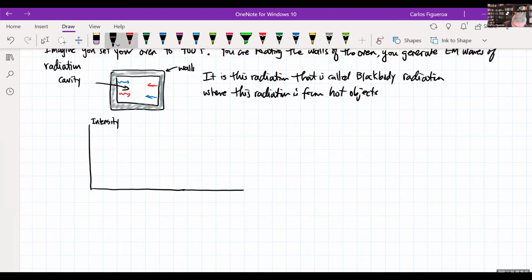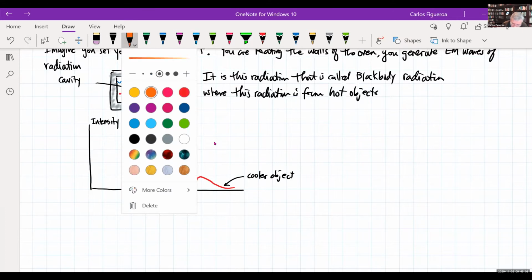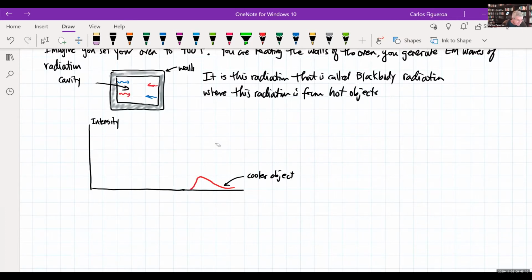And so what you find here, if you heat up an object, it's going to produce a curve that looks something like this. And I'm going to say that this object right here is a cooler object, sort of like the hot plate. And so what happens next is that if you continue to heat this thing, the peak shifts to the left.